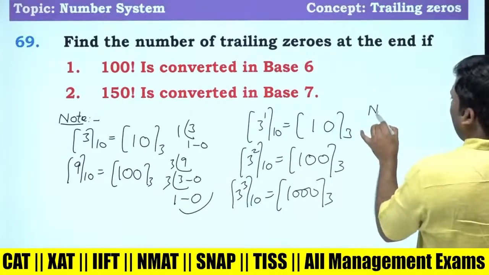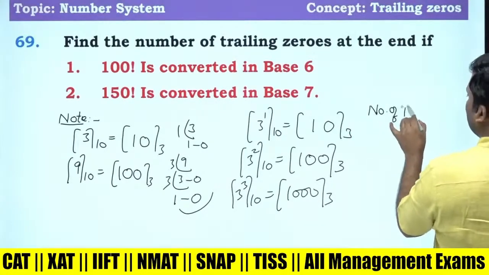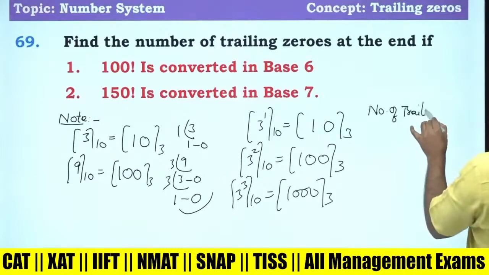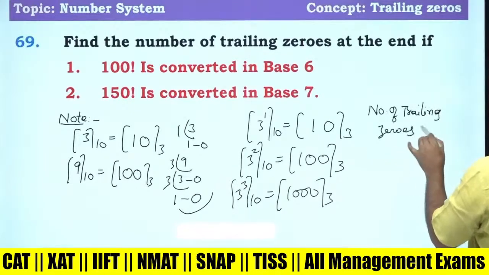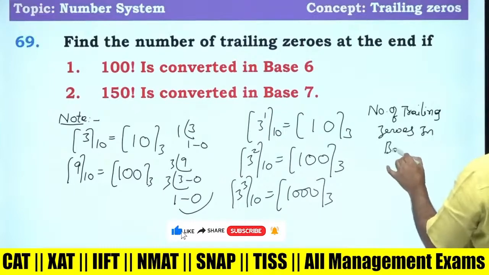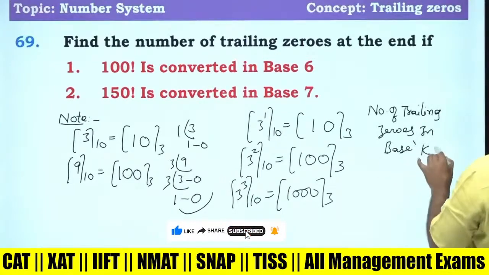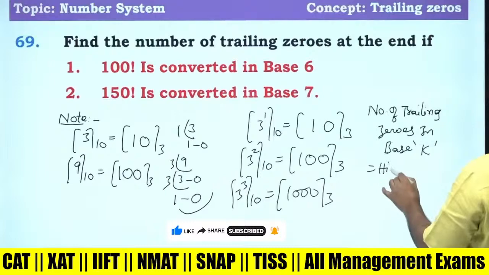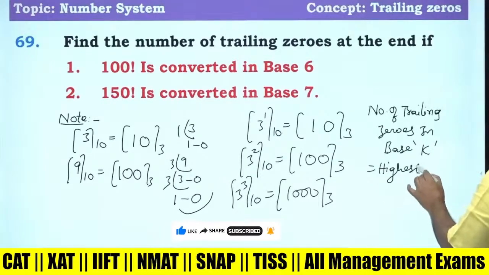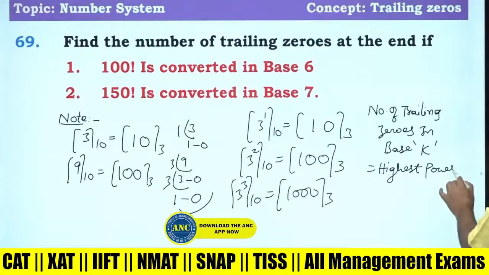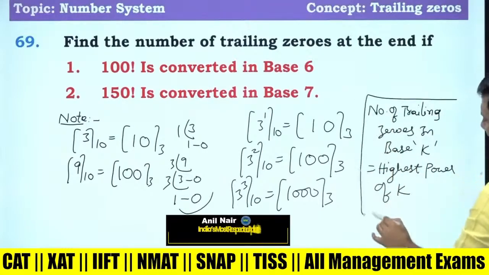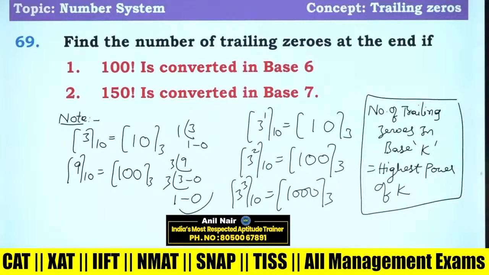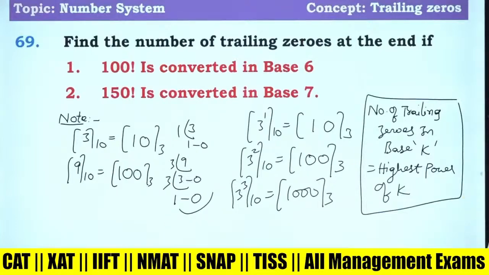Write down this point. Number of trailing zeros in base system K is the highest power of K. Very, very important point.